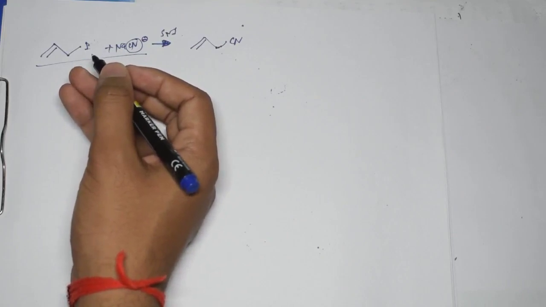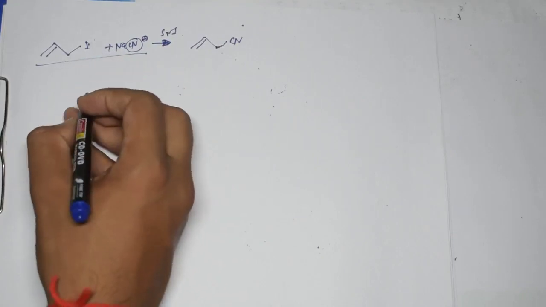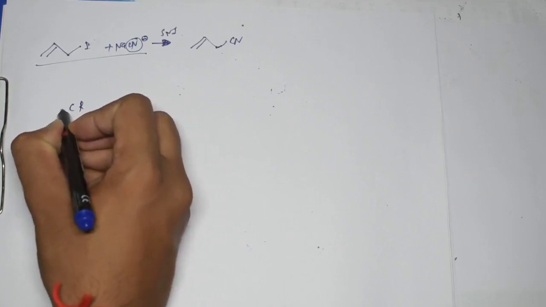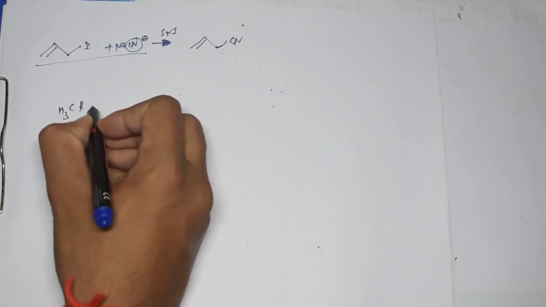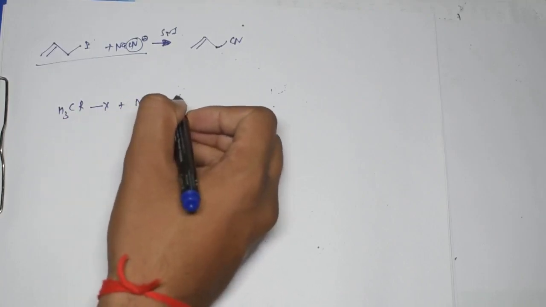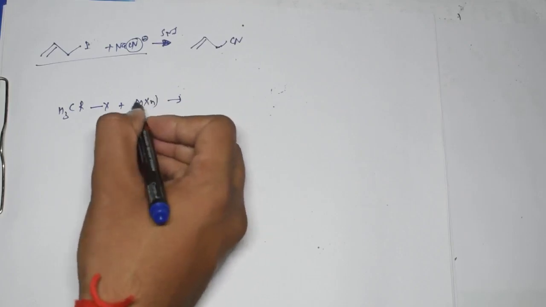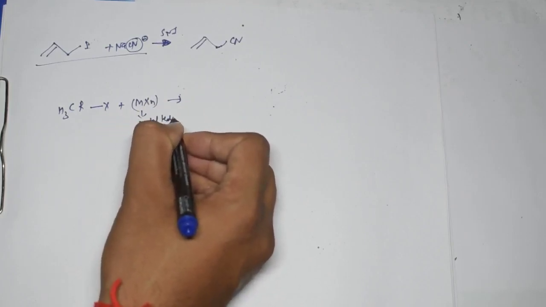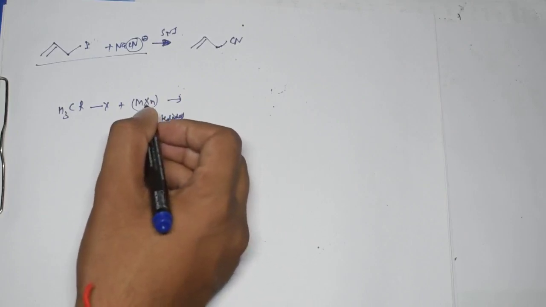Now if I talk about this, here we have something like this, right? And what is this? This is a metal halide, or a metal salt, you can say.